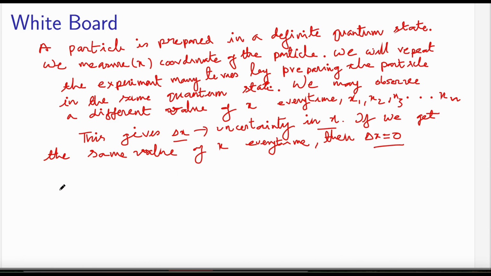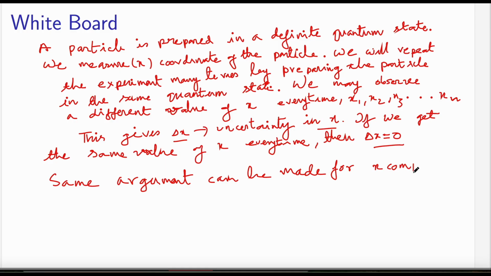The same argument can be made for the x component of momentum.